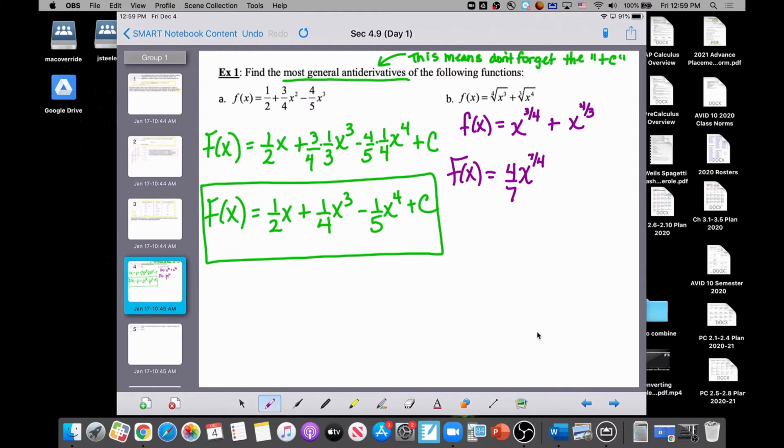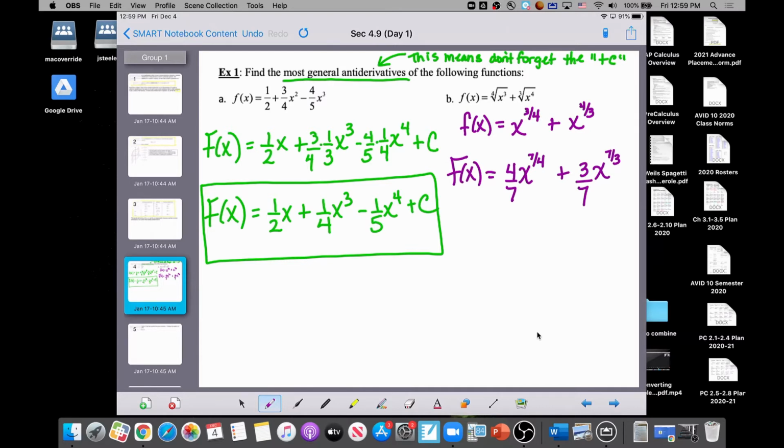And then the same thing goes for the next term. I have 4/3. If I want to add 1 to 4/3, I'm going to be adding 3/3 to 4/3, which is going to make this 7/3. And I need to undo that with the reciprocal in front, 3/7.